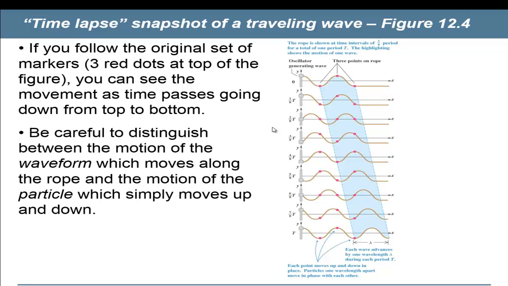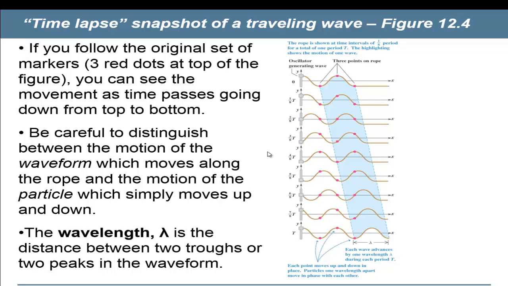So you have to be careful to distinguish between the motion of the waveform, which actually moves along the rope, and the motion of the particle, which simply moves up and down. So the waveform is moving along because the energy is being transmitted, but the individual particles are still moving up and down.